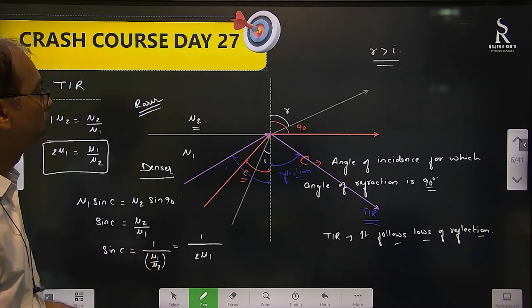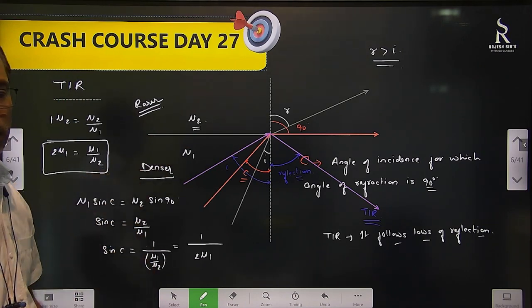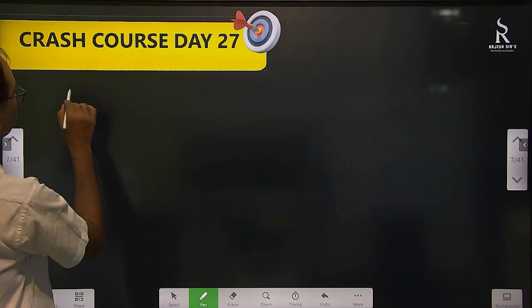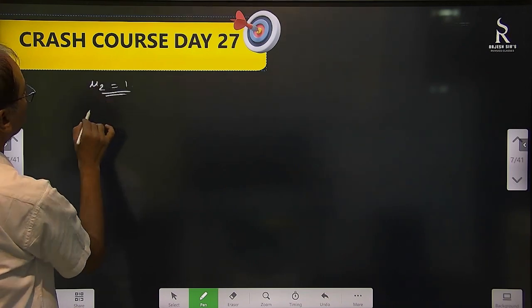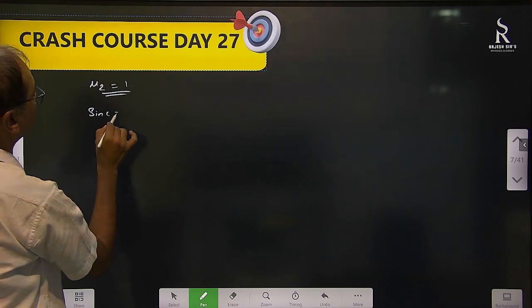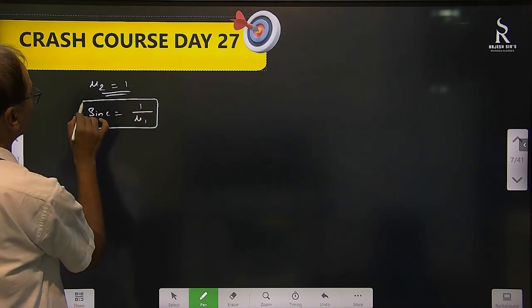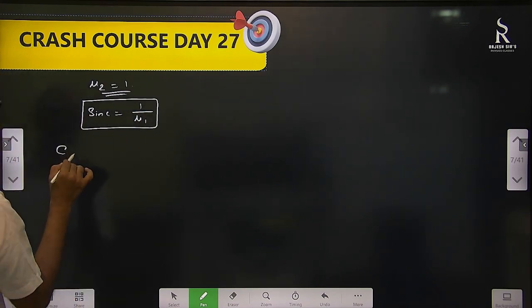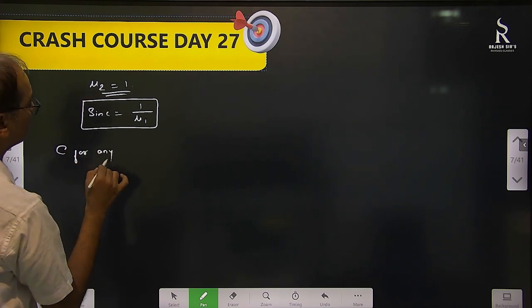Clear? Okay, fine. Now let's suppose this is air only. Mu 2 is air. Assuming mu 2 is air, mu 2 is 1, then sin C is actually equal to 1 by mu 1. Now suppose C for a medium is very less.